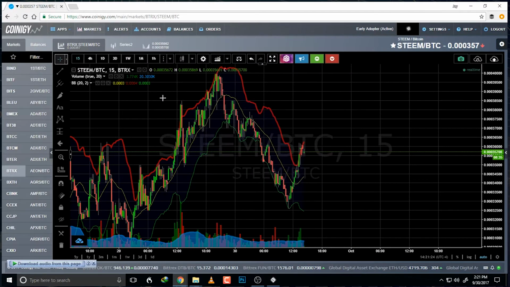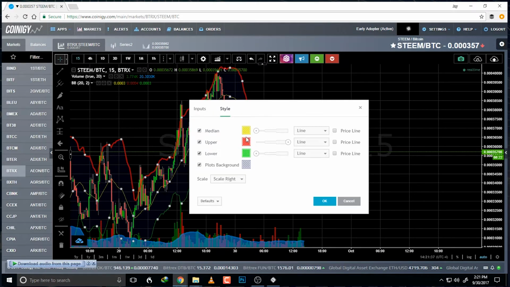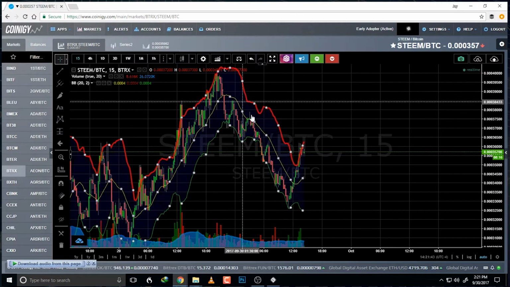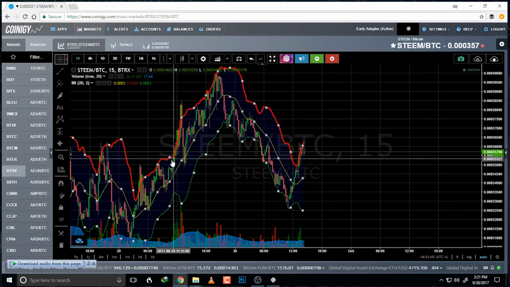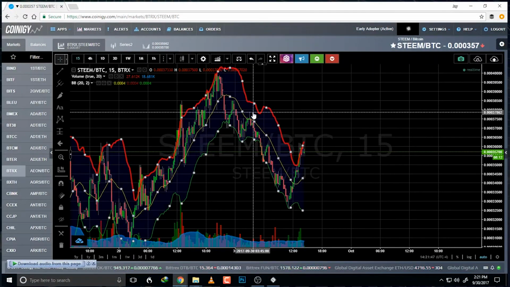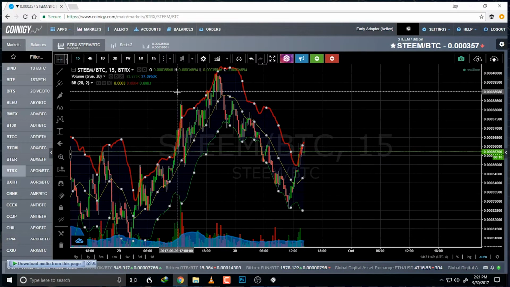What I've done is when it comes up with different colors, I've set the top color to red because I want to sell at these numbers, and I set the bottom color to green, which you can easily do by double clicking here, and in your upper, set it to red, and your lower, set it to green. And in the middle, I set it to yellow just so I had contrast to be able to see on the screen that I had set up in my Coinigy account.